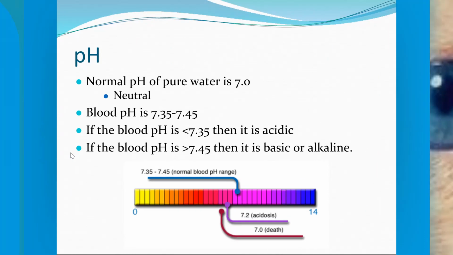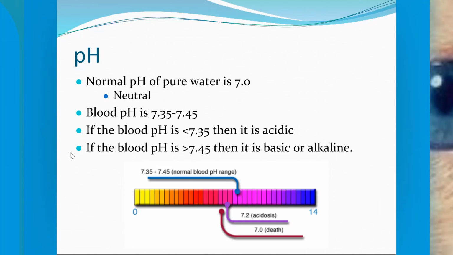That's neutral. Our blood is actually more alkaline than the neutral pH of water. Our normal blood pH is 7.35 to 7.45, so that would be more on the alkaline side.